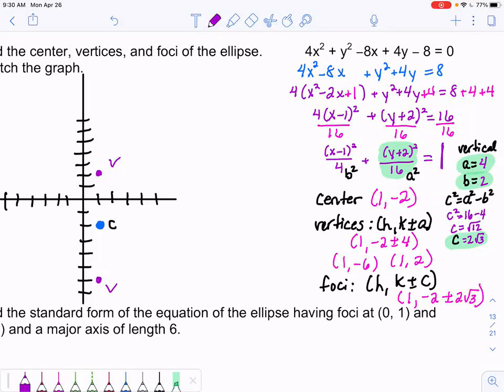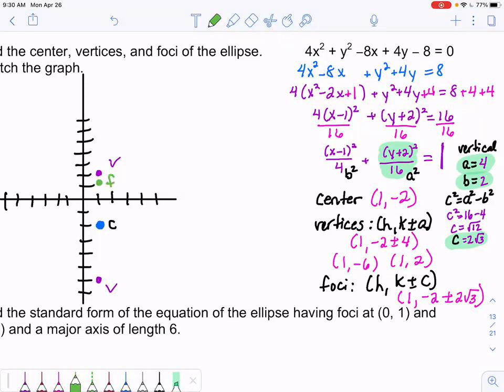The focus, it says -2 plus or minus 2 square root of 3. 2 square root of 3 is the square root of 12. The square root of 12 is a little more than 3. We're estimating here. So from your center, go up a little more than 3, and that's where your focus is going to be.